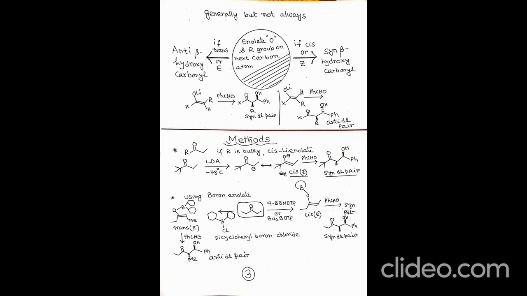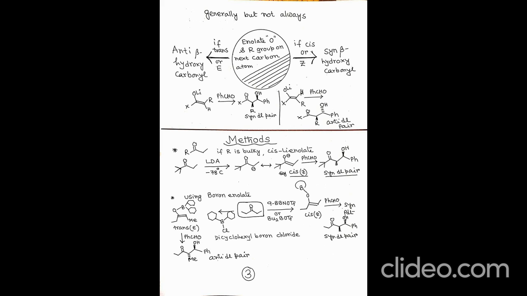Now, method number 1: if the carbonyl compound having alpha hydrogen has a bulky alkyl group, in that case there is a chance of getting the cis enolate, meaning the O minus and the alkyl group at the alpha carbon are cis, so that the alkyl group at the alpha carbon will be in the opposite direction with respect to the bulky alkyl group.